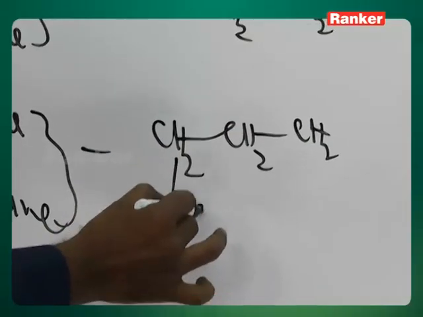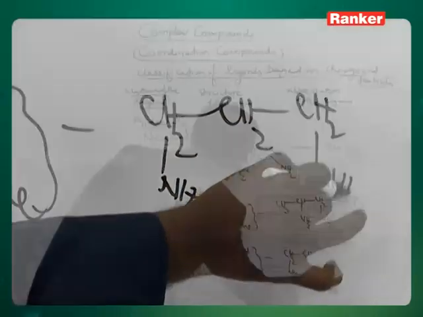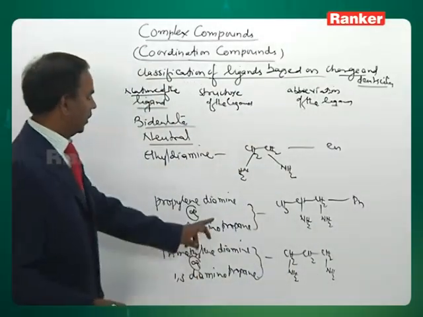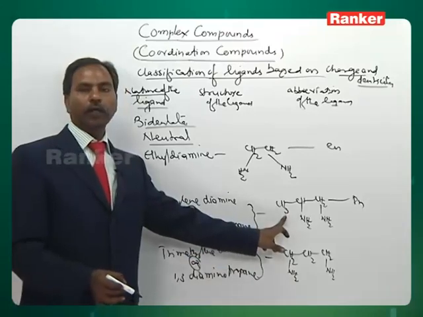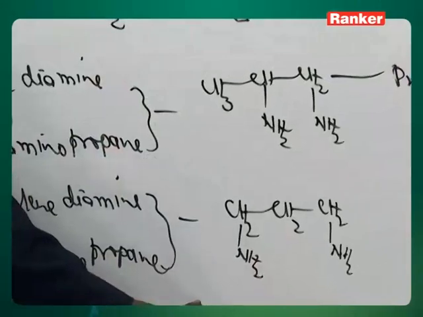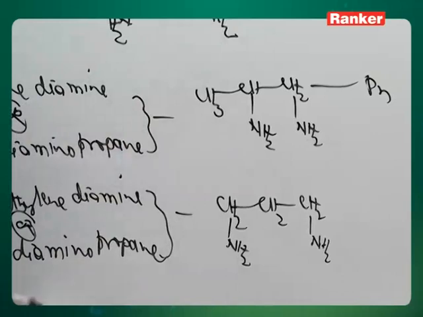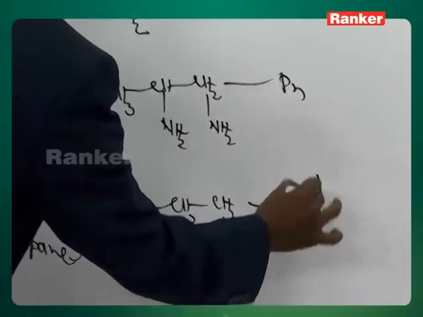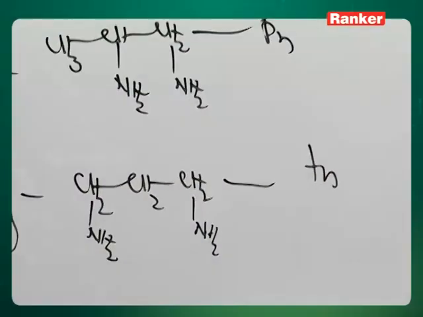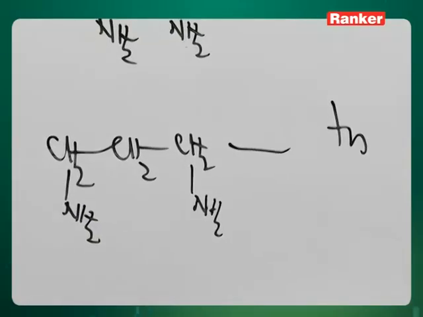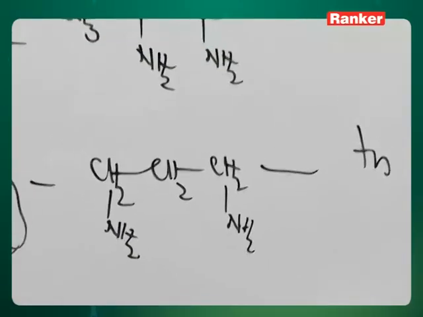It is NH2 and NH2. See the difference between PN and TN. PN is 1,2-diaminopropane, with amine groups in the 1,2 positions. TN is 1,3-diaminopropane, with amine groups in the 1,3 positions. EN, PN, TN, these are bidentate.